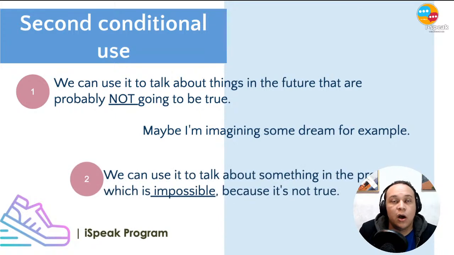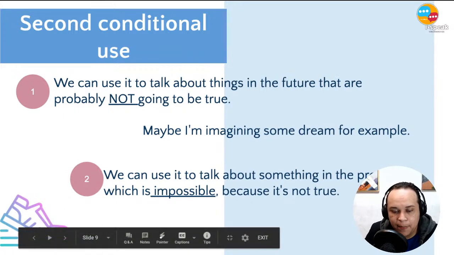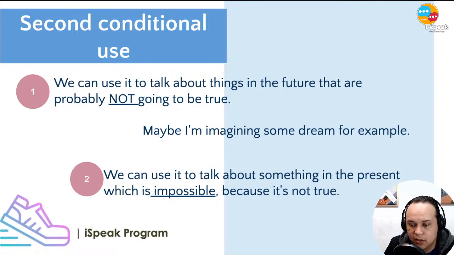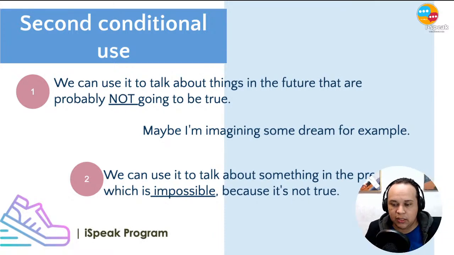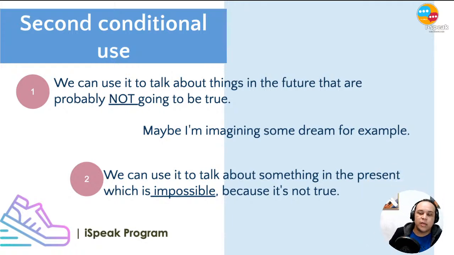Another use of the second conditional is to talk about something in the present. To talk about something in the present, which is impossible because it's not true. One more time, you are imagining a situation, right?